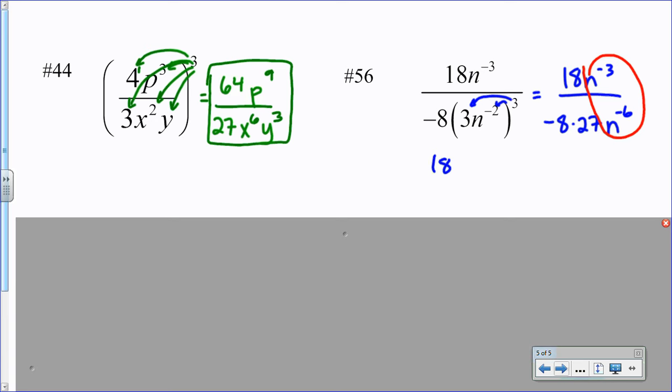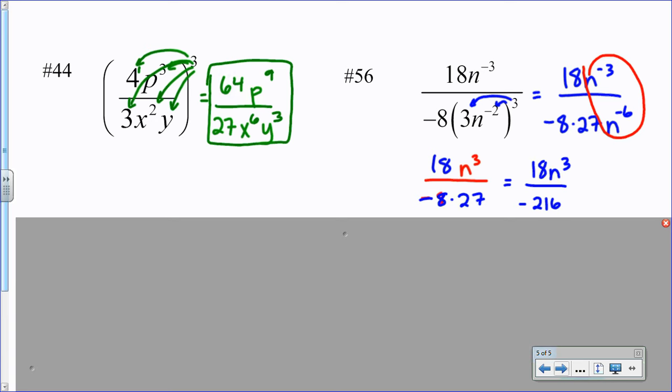Negative 3 minus negative 6 is positive 3. So it ends up being positive and you don't have to move it anyway. And then I have negative 8 over 27. So that's 18n cubed over negative 216.